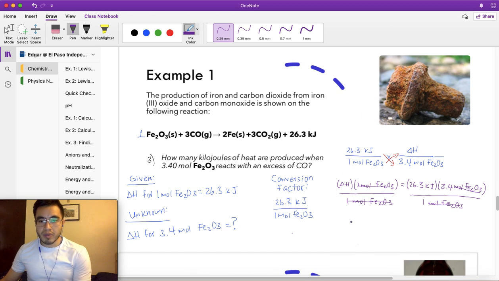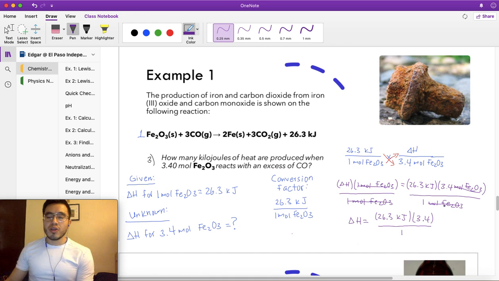So on this side we only have delta H is equal to 26.3 kilojoules times 3.4, no units because we canceled them in the previous step, divided by 1, no units because we canceled them in the previous step.